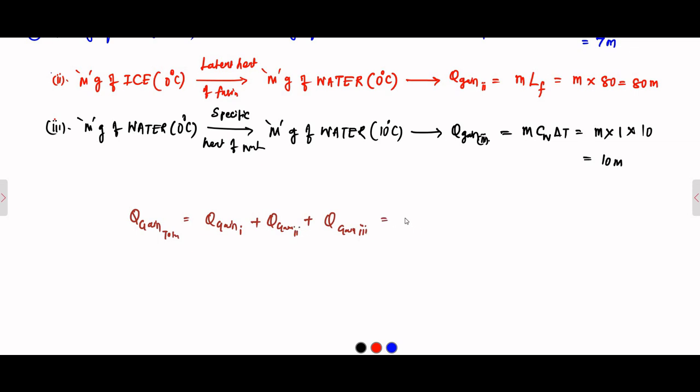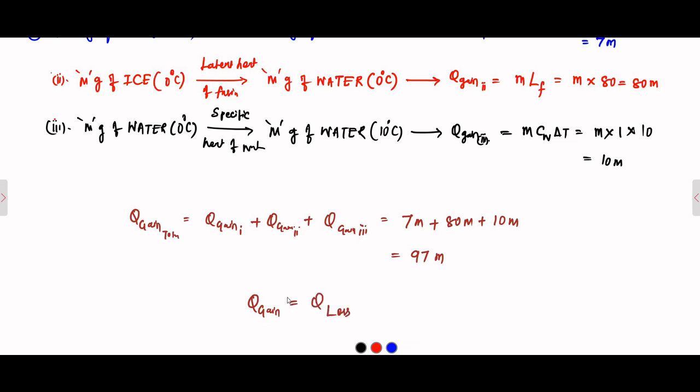That is equal to 7m plus 80m plus 10m, that is equal to 97m. Now, according to the principle of calorimetry, net heat gain is equal to net heat loss.